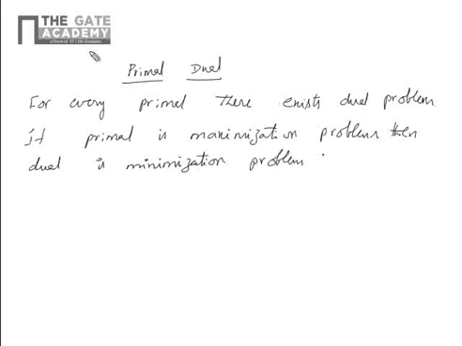So you need to flip things. If the primal contains a less than or equal to constraint, convert it into a greater than or equal to constraint in the dual. So everything flips, the objective function and the constraints.